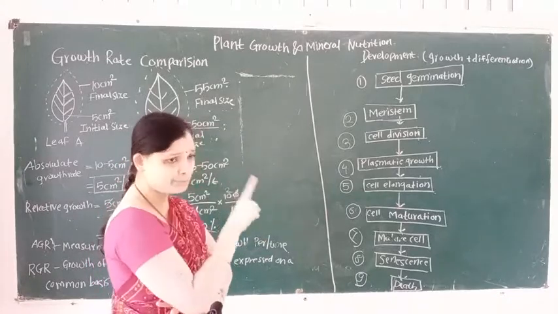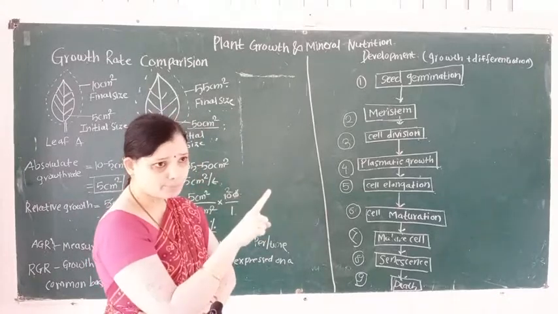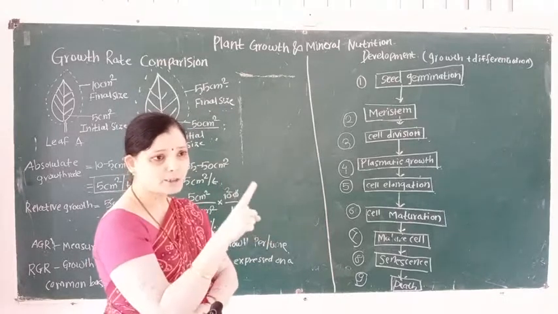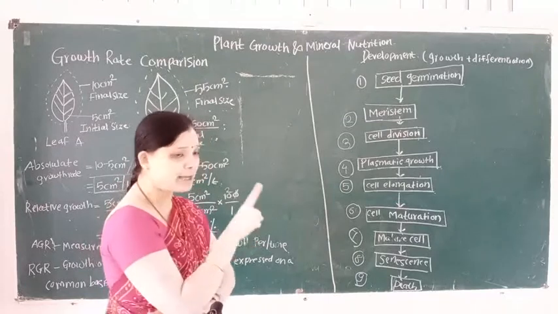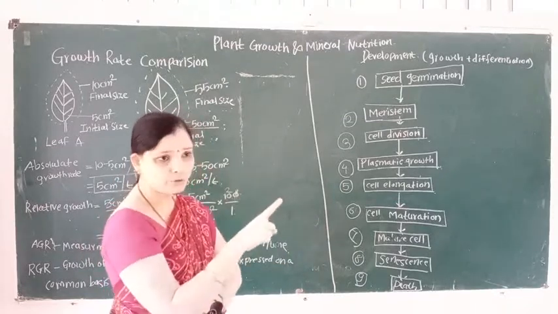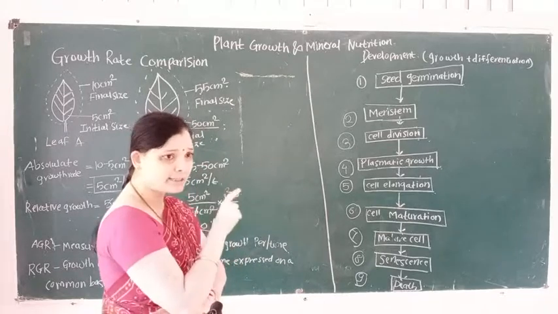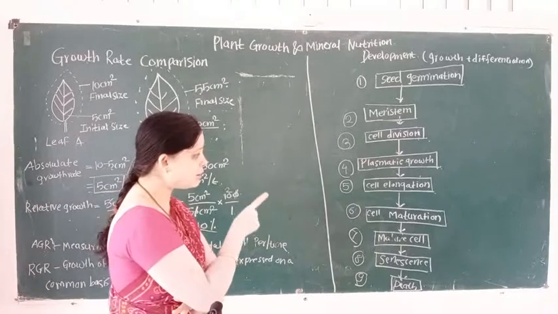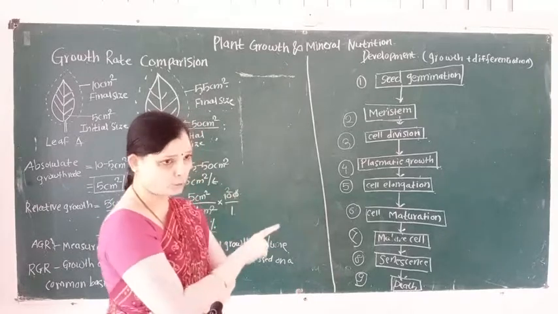The seedling shows special tissues known as meristematic tissue. Meristematic tissue undergoes cell division, forming new daughter cells, and then the number of cells increases. It is called plasmatic growth.